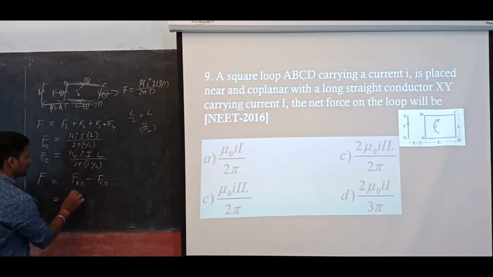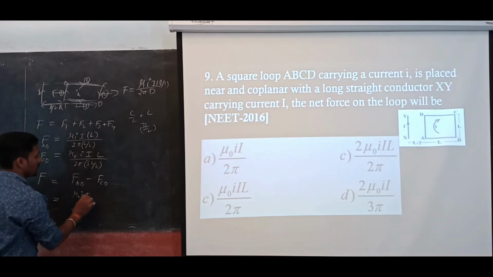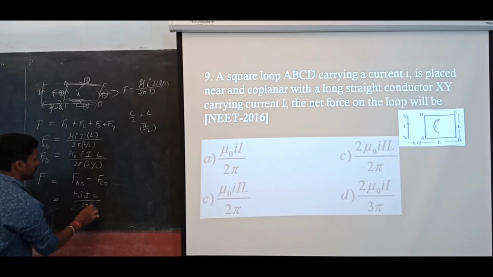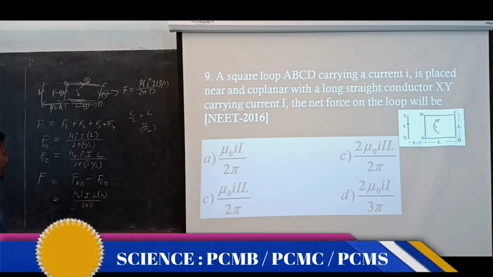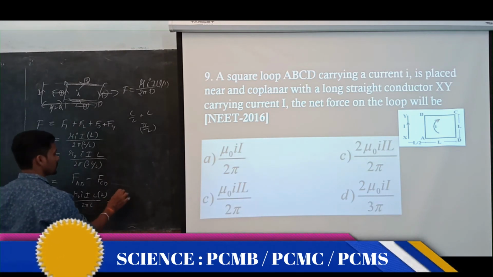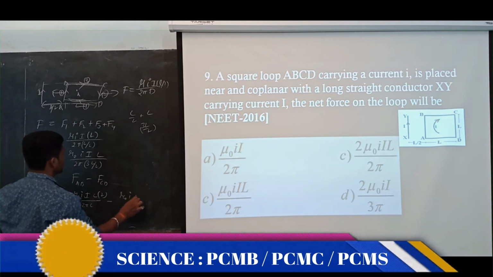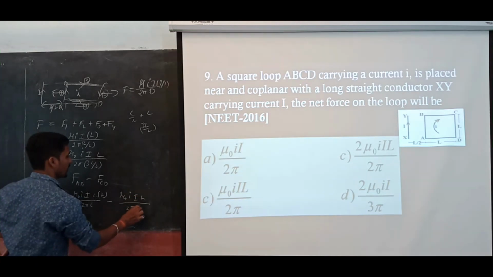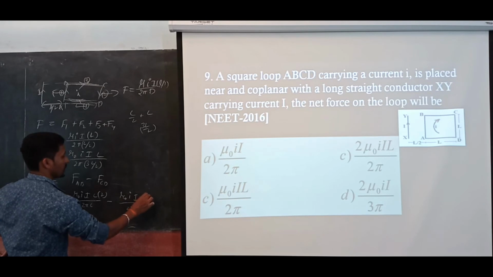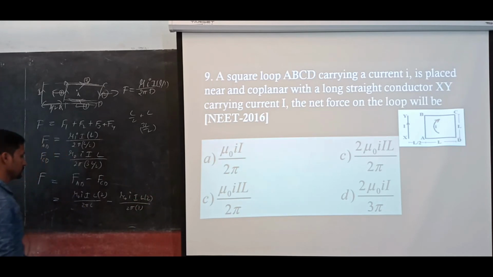That is mu naught I i L divided by 2 pi times L by 2, minus mu naught I i L divided by 2 pi times 3L by 2.